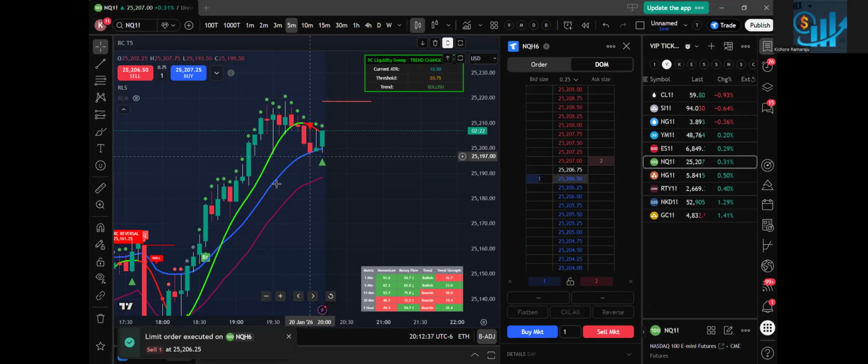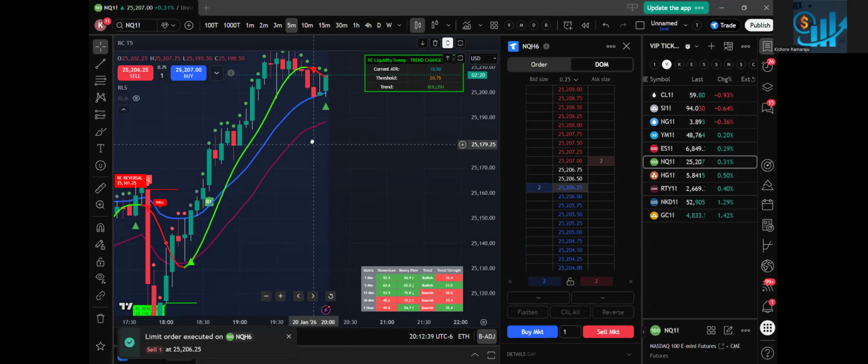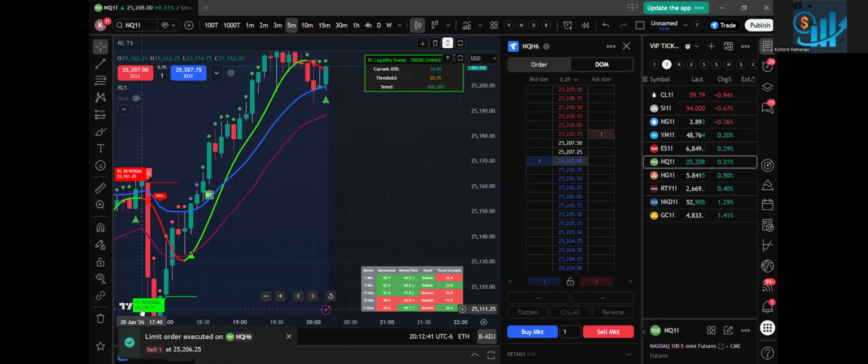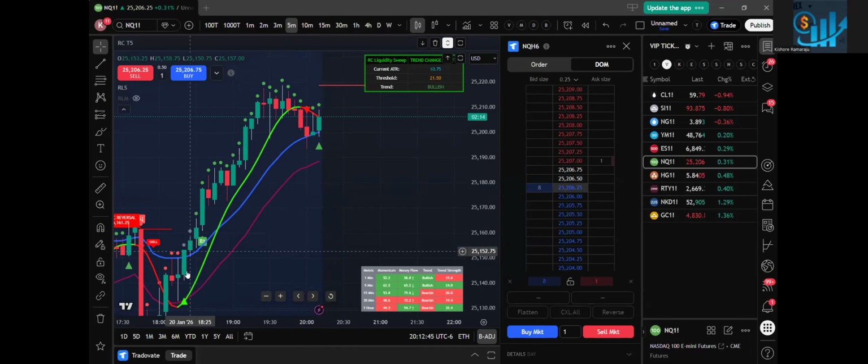So I took small profits and closed in Q because it already made nearly 60, 70 points. It moved.